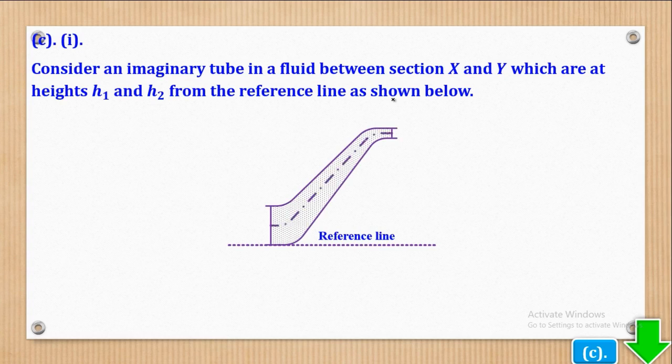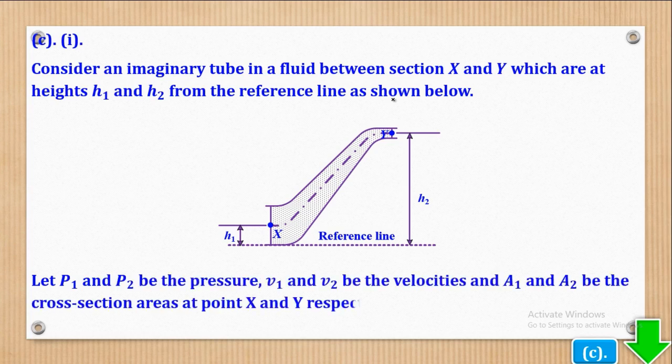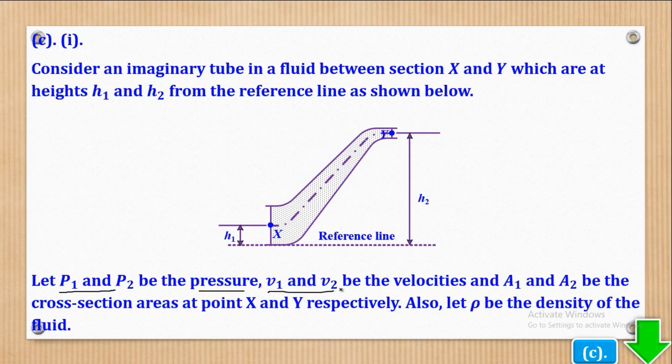Then we have point X and also point Y. Point X is at a height h1. What about point Y? It will be at a height h2. So we have to define all the symbols. We shall say that let P1 and P2 be the pressures, and V1 and V2 be the velocities, and A1 and A2 be the cross-section areas at points X and Y respectively.